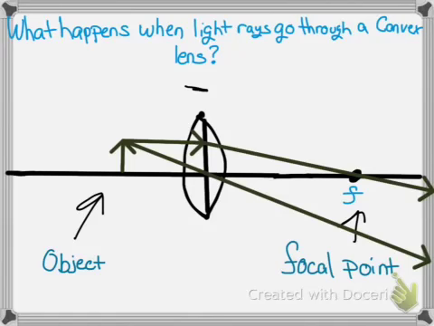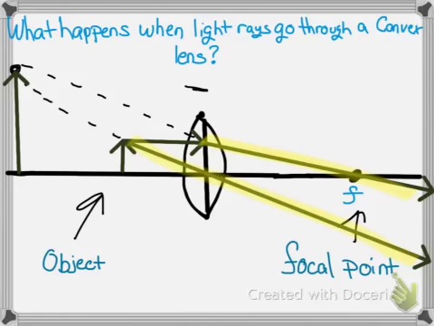Now there's kind of a problem because these two light rays are not touching. So we have to extend those light rays back. Let's say they meet right about here.